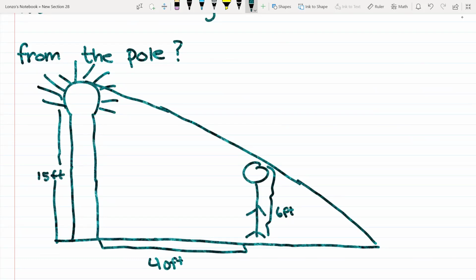A little bit about shadows. If you face the sun or light, the shadow will go behind you. And if you're facing away from the sun, the shadow will be in front of you.